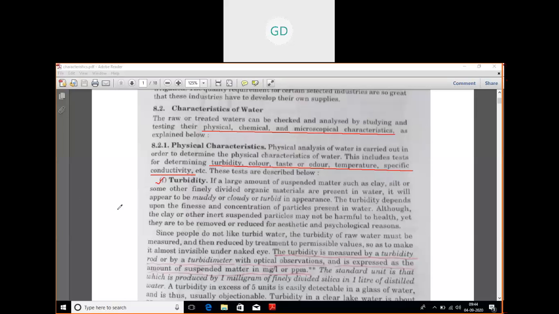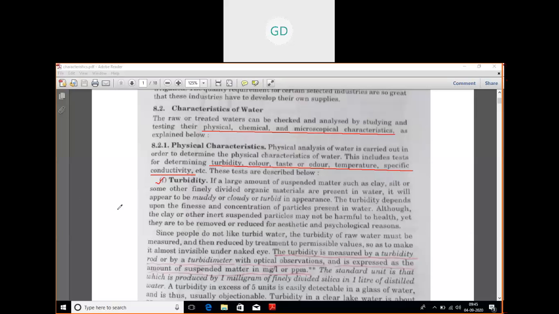Obviously after some time the sand will get deposited at the bottom, but when you stir it, you can see the color of the water go from colorless to somewhat brown, or you can say the water appears muddy.